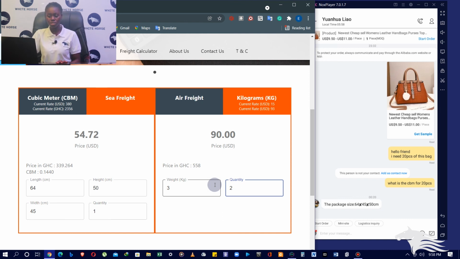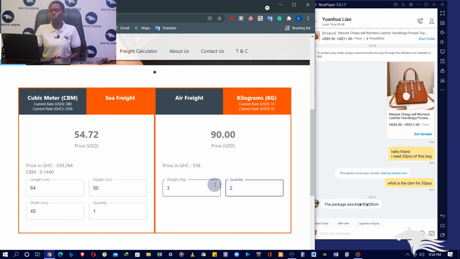That means 6 kg of your product. So this is your total shipping cost for say 6 kg worth of product. You should also bear in mind that the shipping rate for air freight is also volatile, so it can change at any time, either increase or decrease.